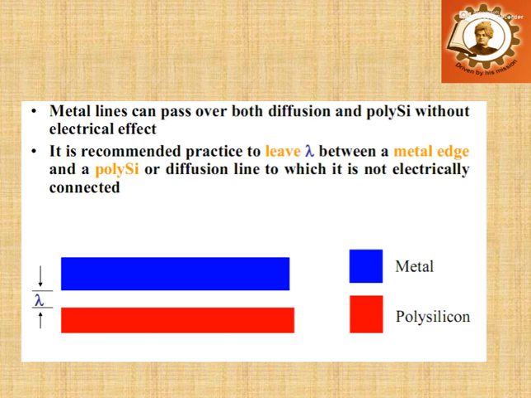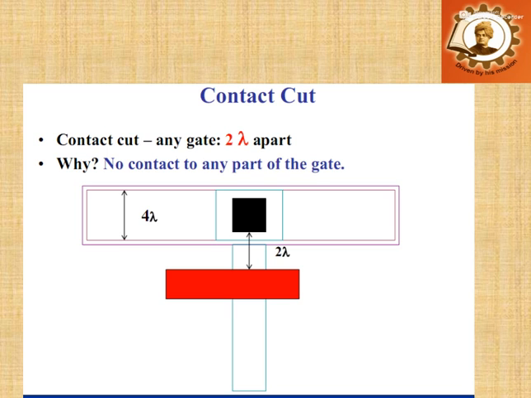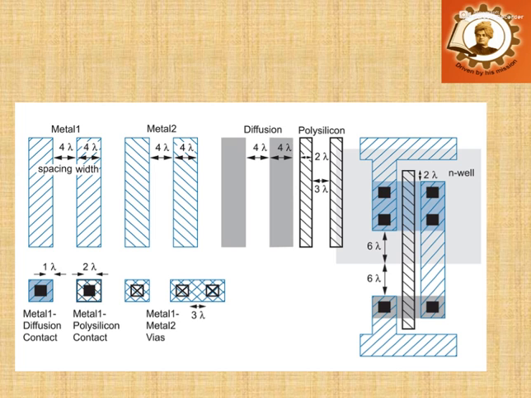Contact cut area will be 2 lambda by 2 lambda. This is shown in the figure, and this figure shows the different types of layout rules. For metal, 4 lambda spacing and width; for polysilicon, the separation is 3 lambda and the width is 2 lambda.